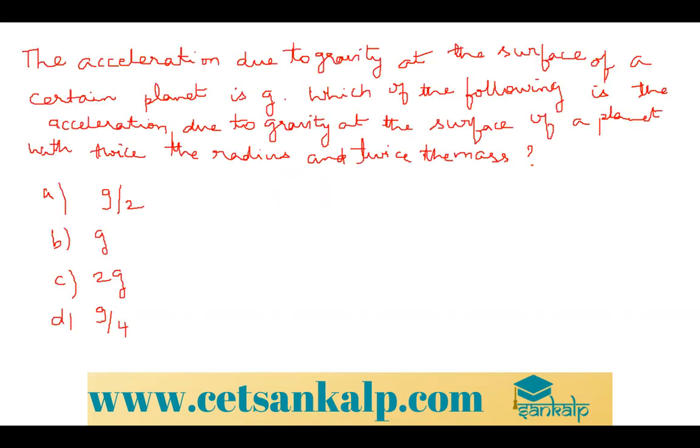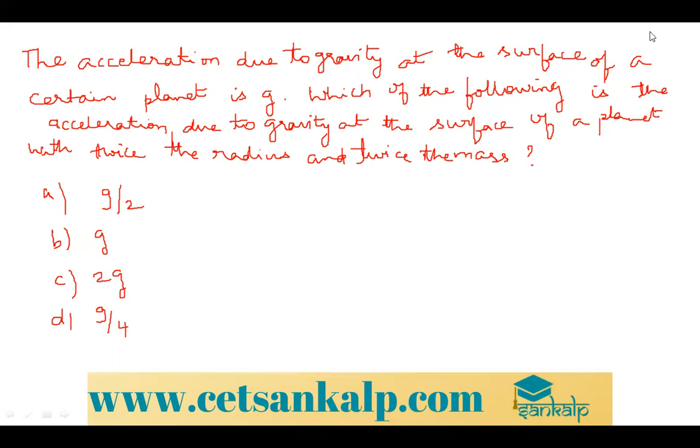The first problem goes like this: the acceleration due to gravity at the surface of a certain planet is g. Which of the following is the acceleration due to gravity at the surface of the planet with twice the radius and twice the mass?